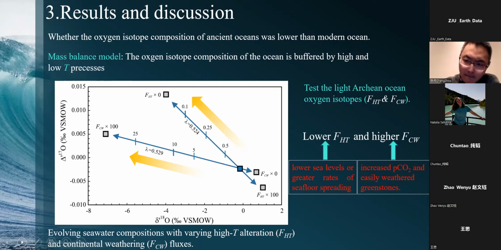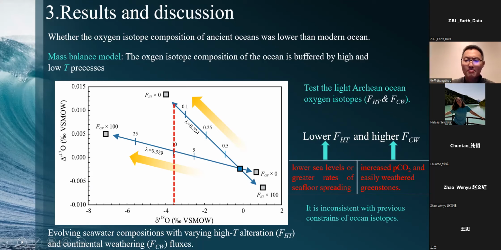But actually, if it's right, you can see that, for example, the high temperature alteration flux is pretty low, and we can get pretty low delta 18O values as seawater oxygen isotope values, which is inconsistent with previous constraints of ocean isotopes.